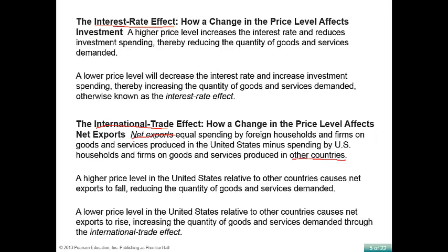Now, exports are really important to China because their domestic consumption is pretty low, because the majority of the country is agricultural in nature and lives on very low annual incomes.